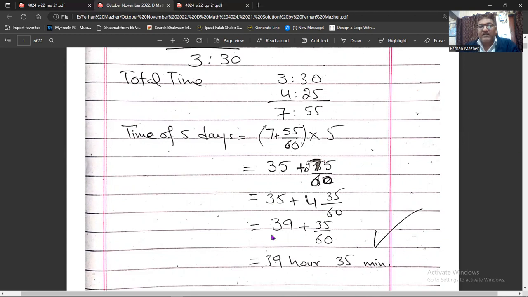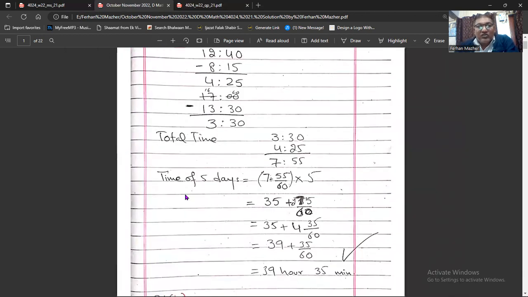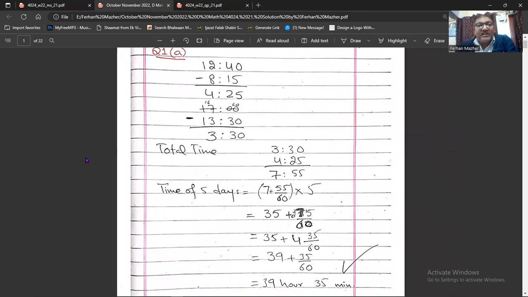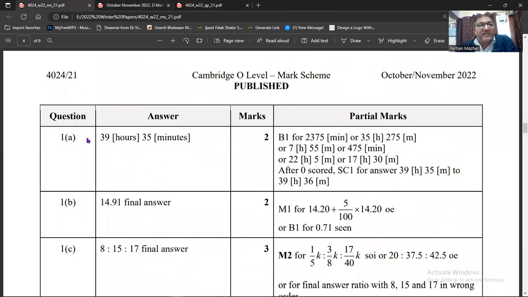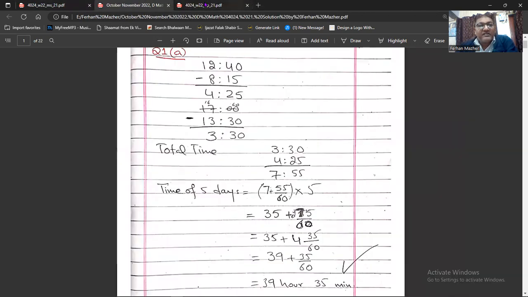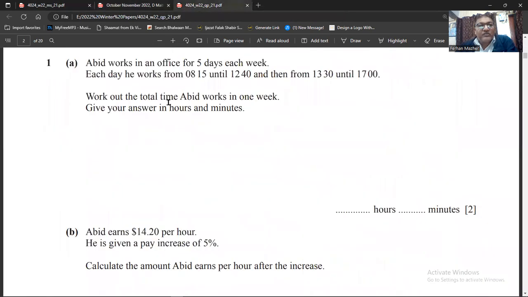Adding to 35 hours, it will be 39 hours. And the remaining will be 35 by 60, which means 35 minutes. So the total work they have done is 39 hours and 35 minutes. So this is question number 1A part.